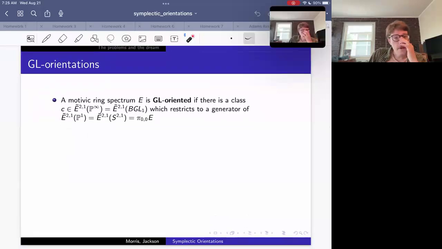So we're going to introduce a notion of orientation now that was done by Levine and Morel in the mid-2000s when they made a really precise construction of algebraic cobordism.